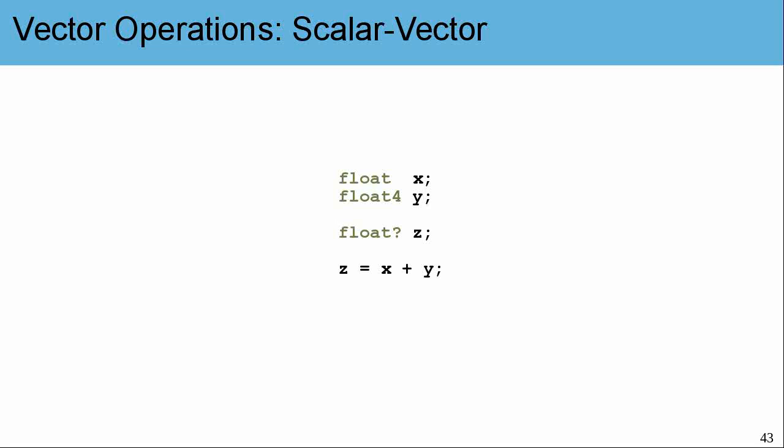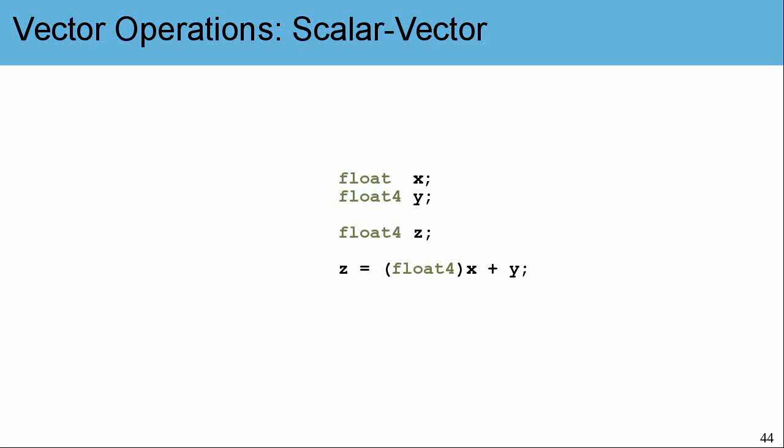What happens if we mix operations? We have a scalar and vector. Is it defined? What happens in this situation? So we have x plus y, where x is a scalar and y is a 4-width vector. What's the result going to be? Is this even defined? Okay, so it is defined, and the result is going to be a float4.